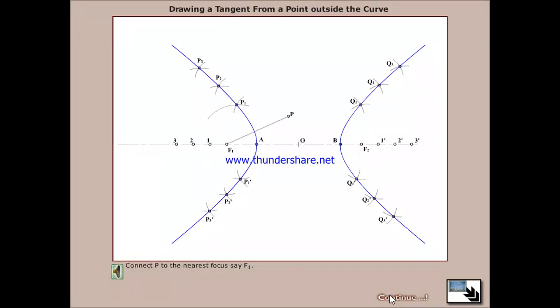Connect P to the nearest focus, say F1. Draw a circle with the transverse axis as diameter. Draw a circle with PF1 as diameter. Let both the circles intersect at E and E1 as shown in the figure.